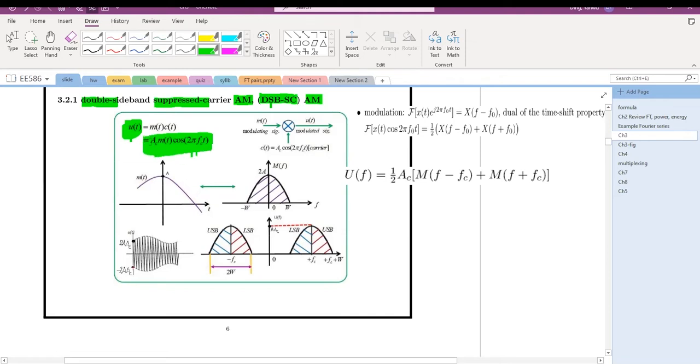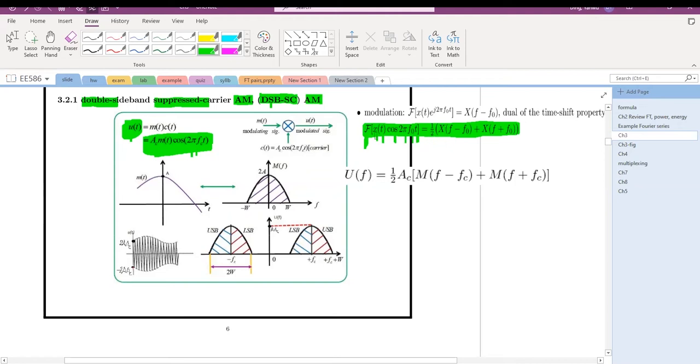To obtain the Fourier transform of u(t), we're going to use the modulation property. This is a modulation property we have reviewed several times. The Fourier transform of x(t) cosine 2 pi f_0 t: if we take the product in the time domain, then if we take the Fourier transform, what does that equal to?